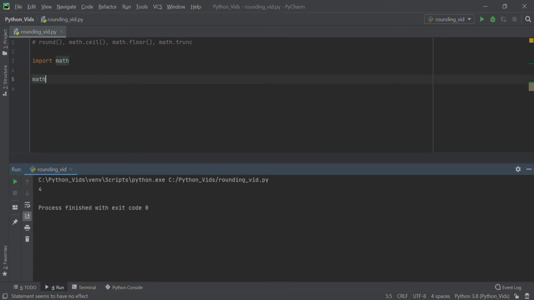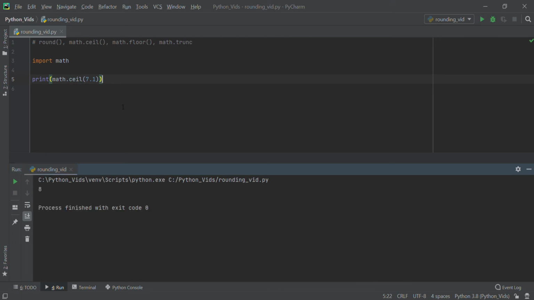Okay, so I'll give you an example. This one is math.ceil of 7.1. Okay, and we'll print it. If you were to just round 7.1, it would round down. It's closer to 7 than it is to 8. But if you're looking for the ceiling, let's see what happens. It gives you 8.